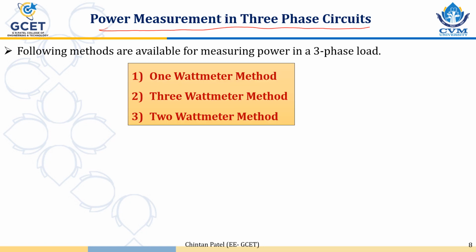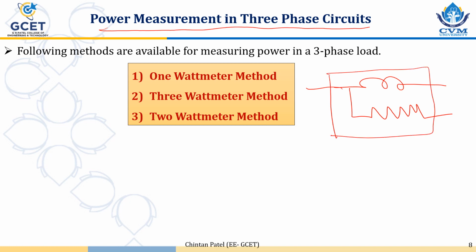First method is 1 wattmeter method. Second method is 3 wattmeter method, and third method is 2 wattmeter method. Now we know what a wattmeter is. It is the device or equipment used to measure the power, and the symbol of the wattmeter is this.